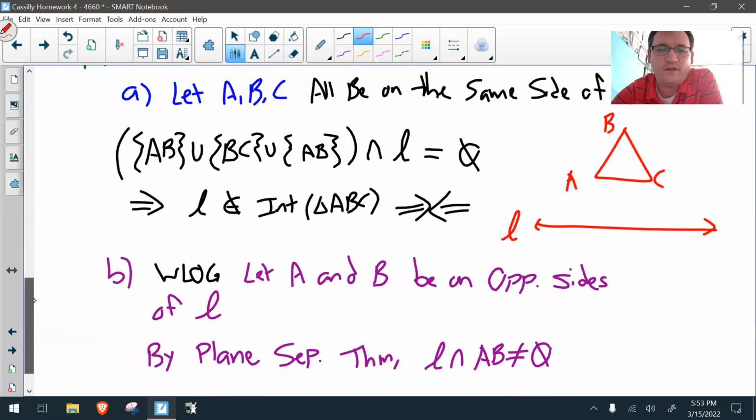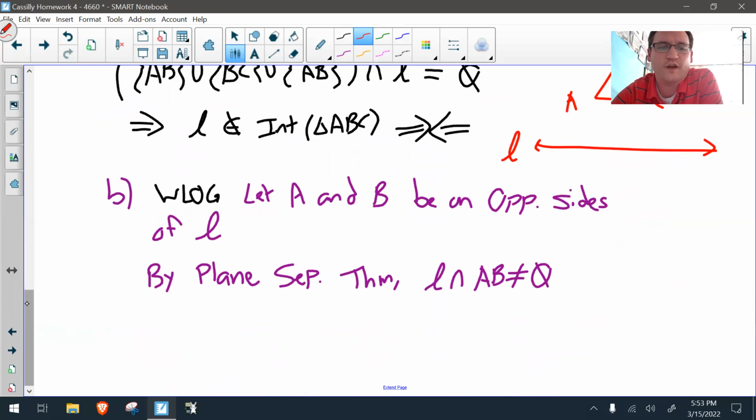Now case B said at least one of those sides of the triangle was on an opposite side. And by plane separation, if they're on opposite sides, the lines must meet at some point. All right, so covering all of those cases, we have that no matter what, if there is a line inside of triangle ABC that contains point D, then line L must meet triangle ABC at one of the three sides.